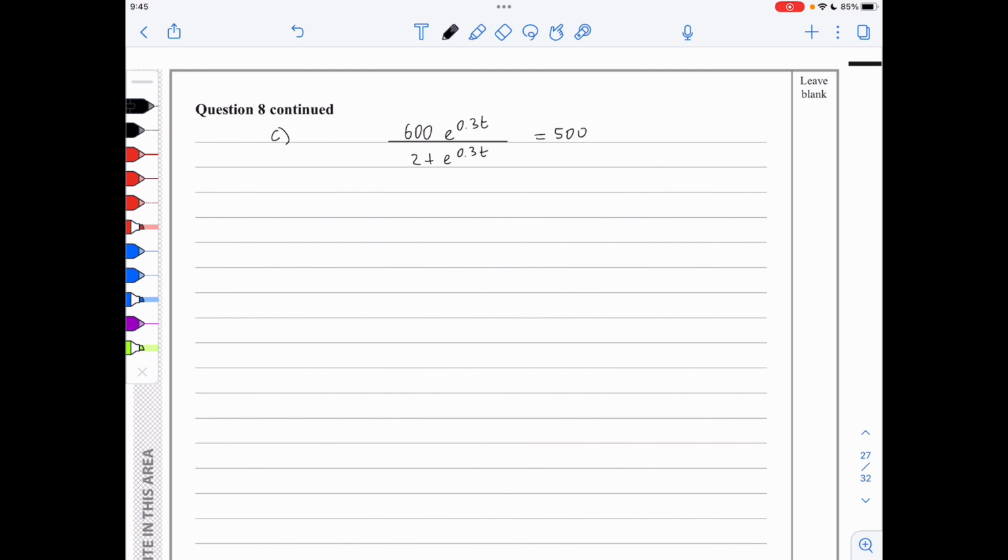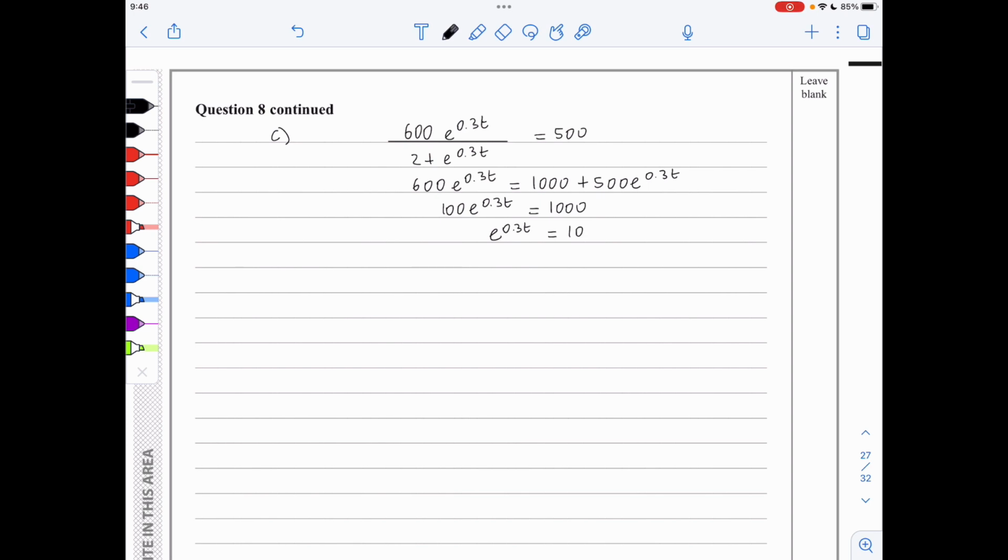I start by cross multiplying to get 600 e to the 0.3 t is 1000 plus 500 e to the 0.3 t. So 100 e to the 0.3 t is 1000. So e to the 0.3 t is simply 10.